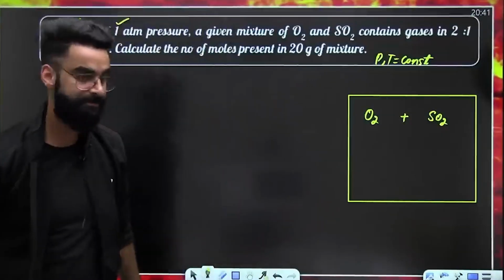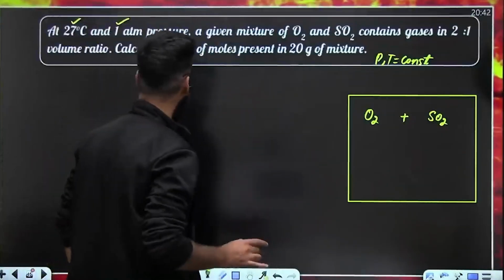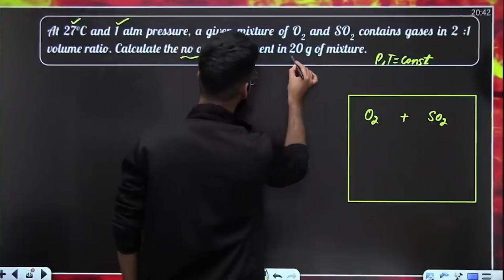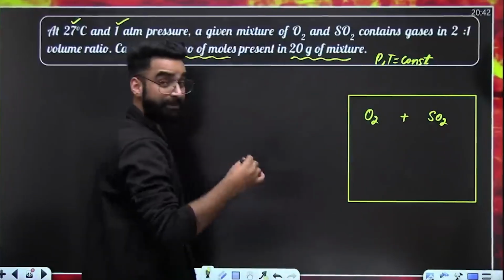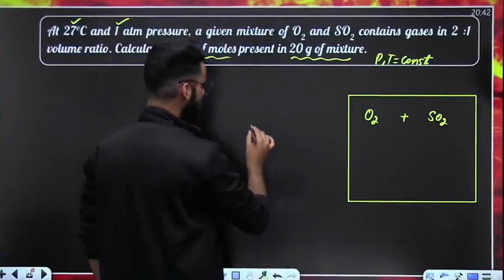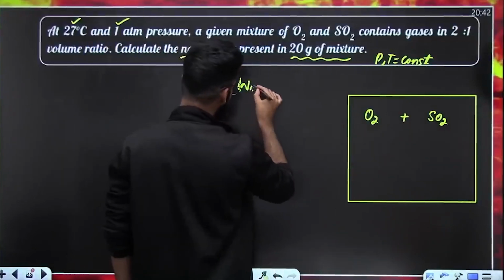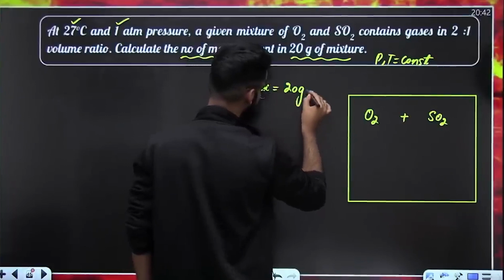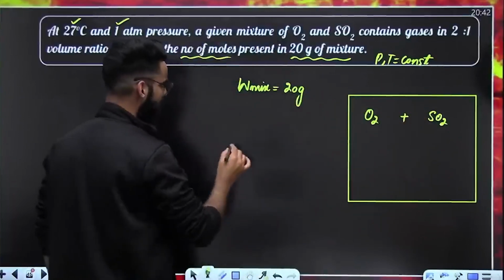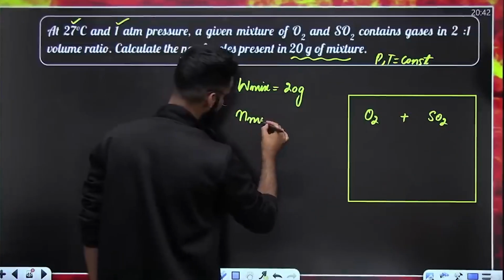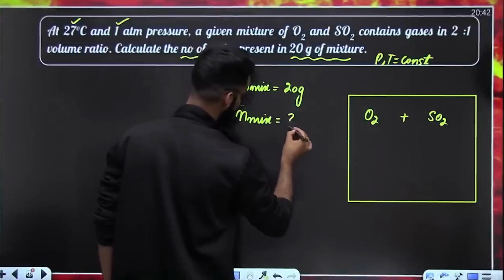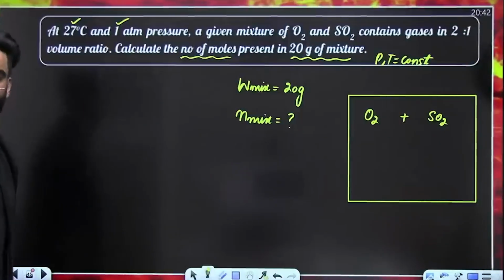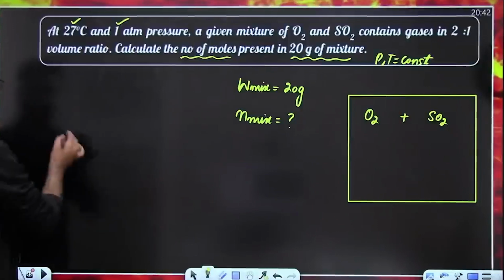Yes? What do I need to calculate actually? I need to calculate the number of moles present in 20 grams of the mixture, right? So, as per the question, the mass of the gaseous mixture is given to me as 20 grams. This is the mass of the whole mixture. I need to calculate total moles present in the mixture. Simple, guys.